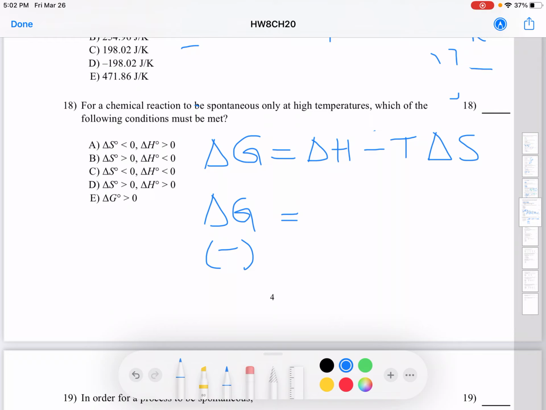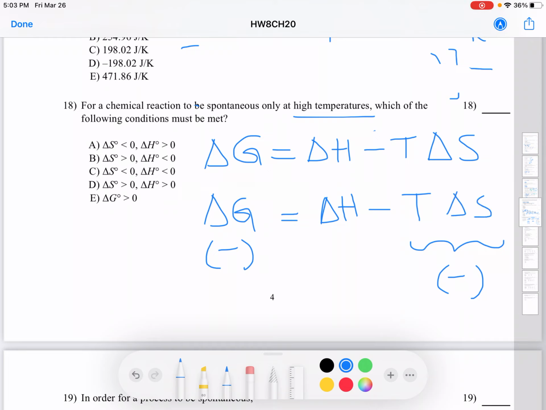Okay, at high temperature, we want to make sure this part is more negative. Delta H could be positive, because this is asking only about higher temperature. If the temperature is high, to make this part highly negative, what does delta S need to be?